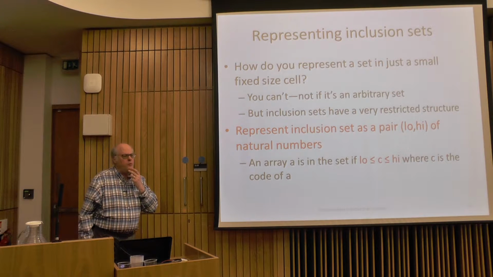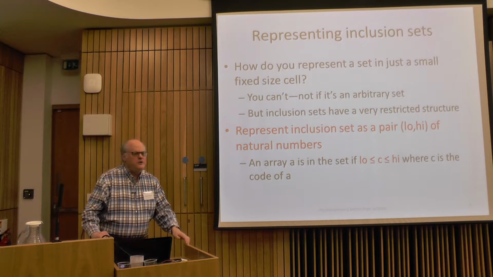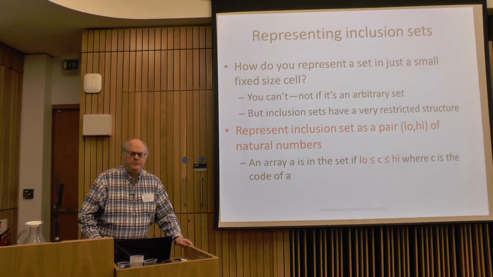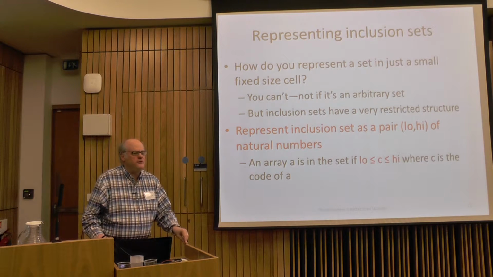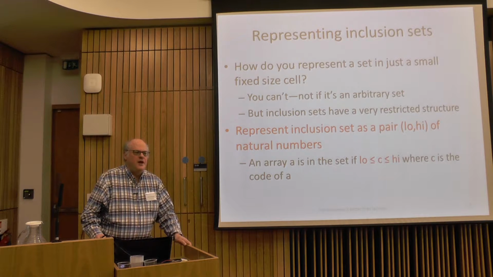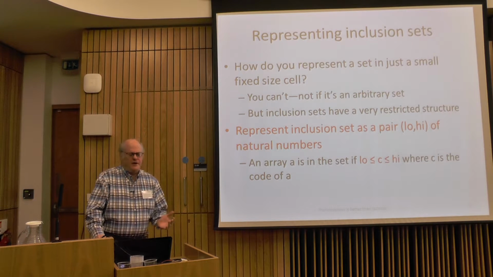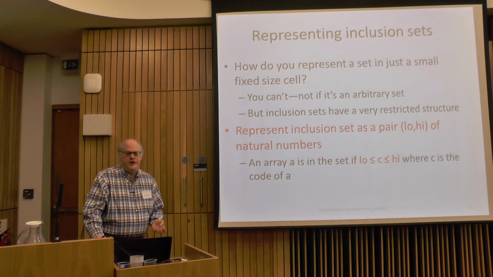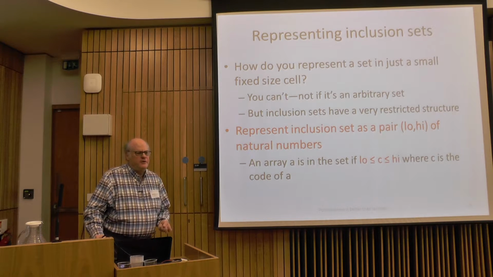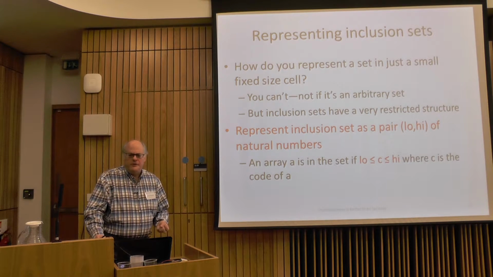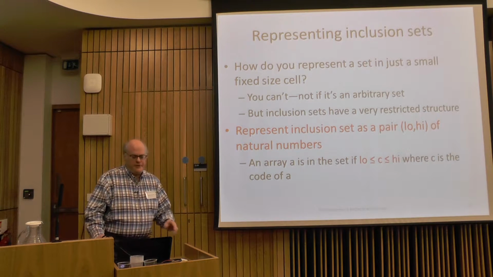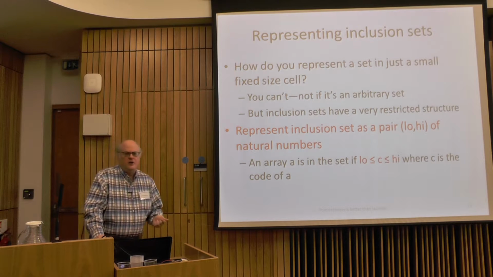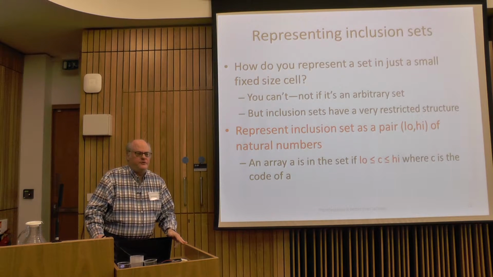And one worry is, how can you even represent an inclusion set? Because it could be that an element belongs to as many arrays as there are words of memory in the machine. And of course, you cannot represent an arbitrary set in a fixed number of bits such that you can always check set membership in a fixed amount of time. But the inclusion sets are not random sets.